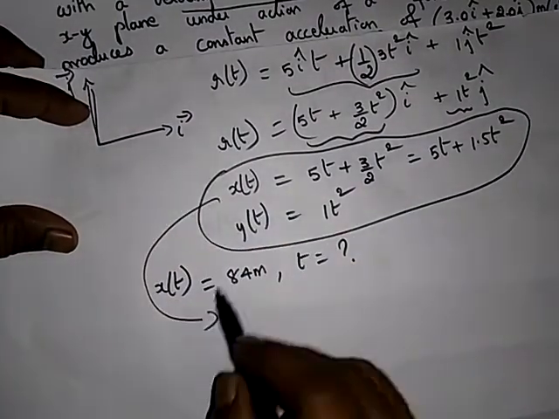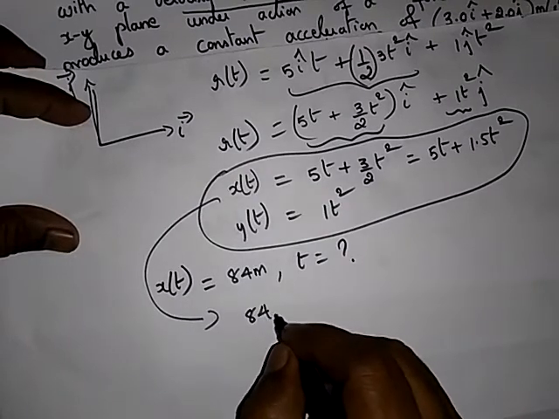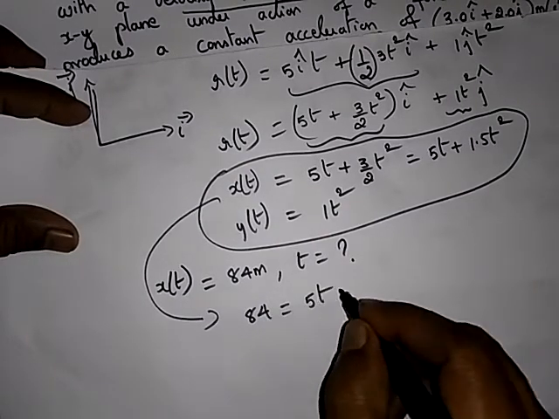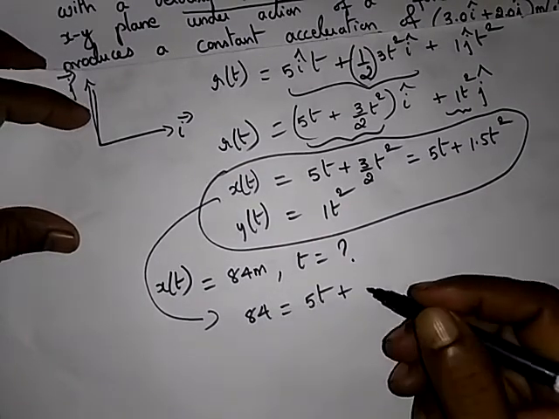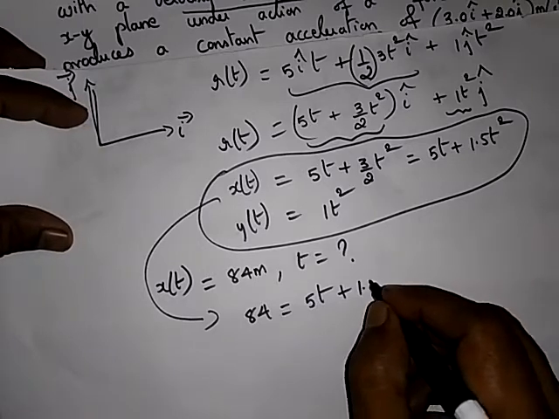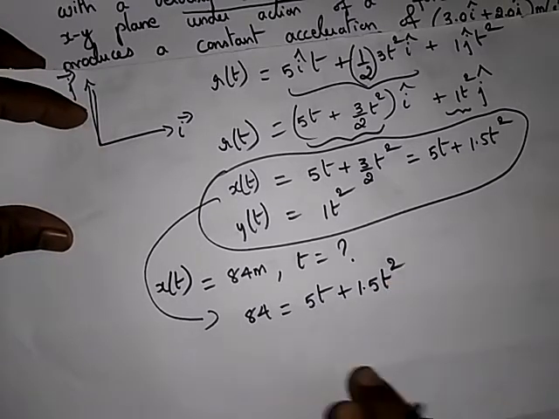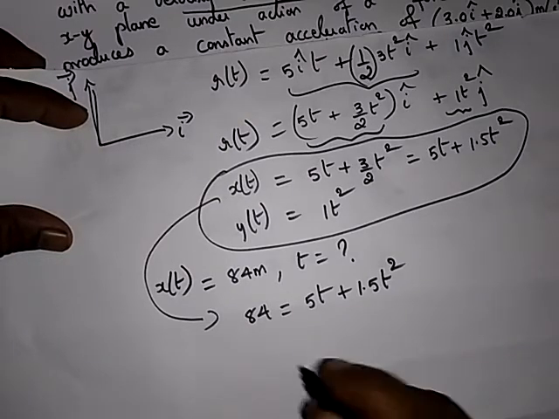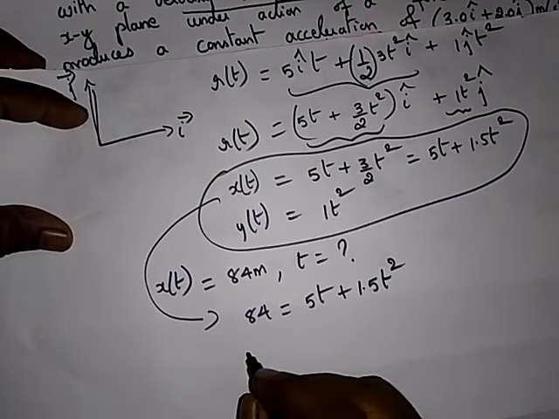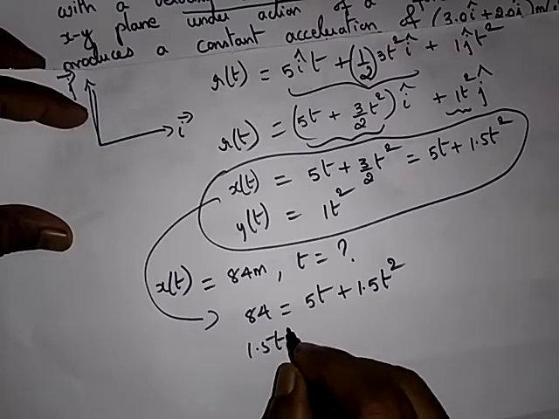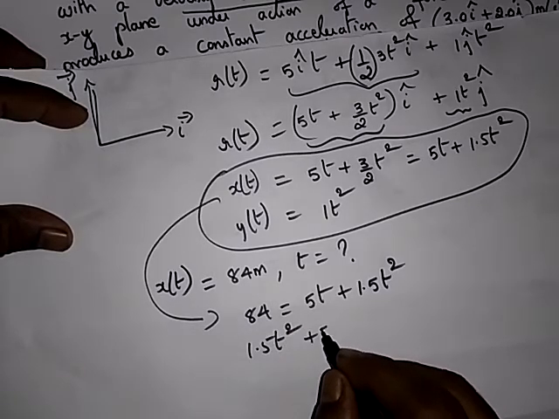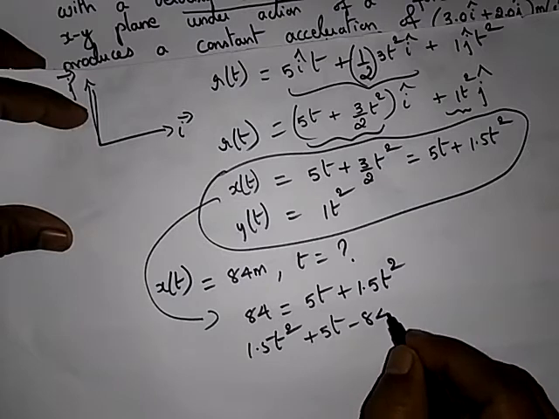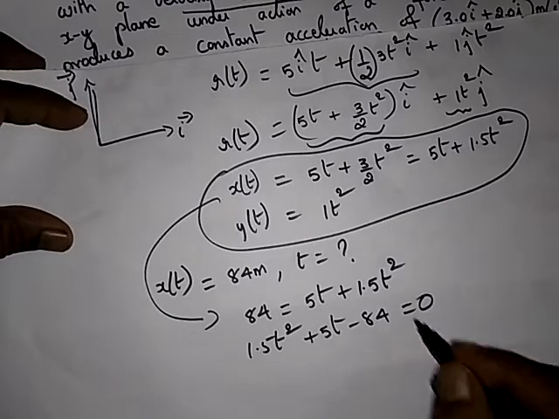So in this you substitute 84. 84 is equal to 5t plus 1.5 t square. Now if you carefully see, this is a quadratic equation. That is, 1.5 t squared plus 5t minus 84 equal to 0.